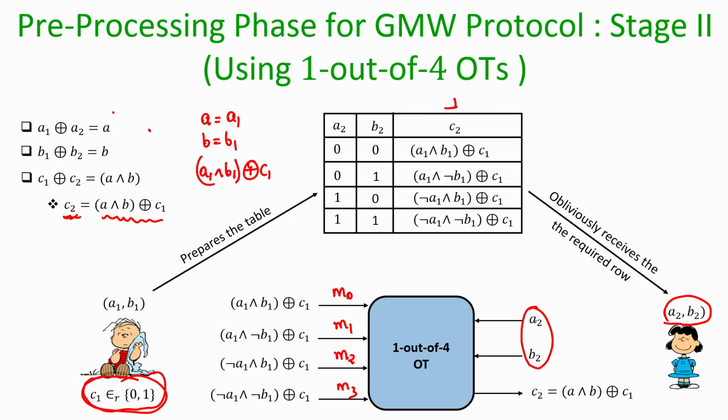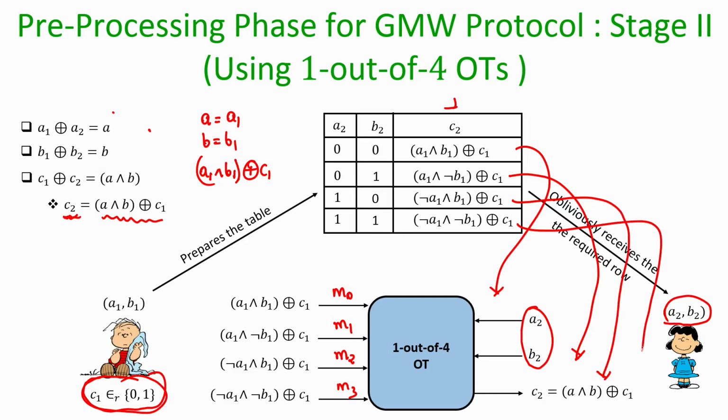So, if for instance A2 B2 is 0 0, then this is the value which gets transferred. If A2 B2 is 0 1, then this is the value which gets transferred. If A2 B2 is 1 0, then this is the value which gets transferred, otherwise this is the value which gets transferred.